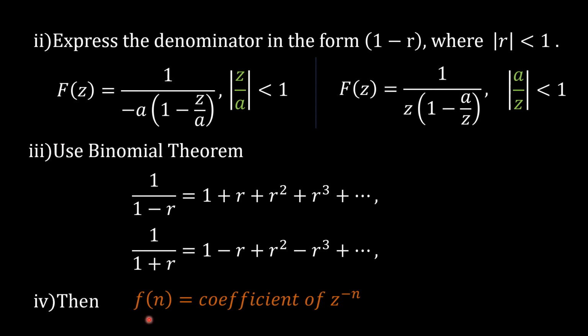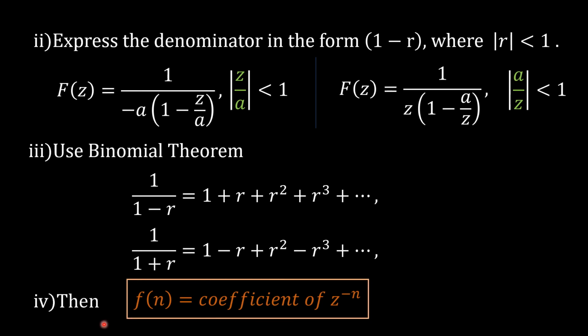So f of n is nothing but the coefficient of z raised to minus n in the binomial expansion of F of z, and this is nothing but the power series method. I hope you have got this. Now we are going to solve examples based on this power series method. We are going to see one example.